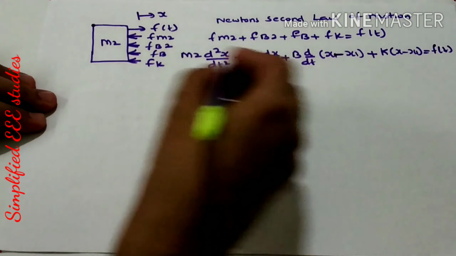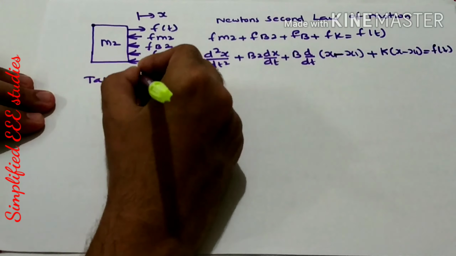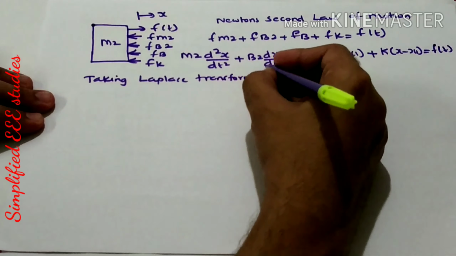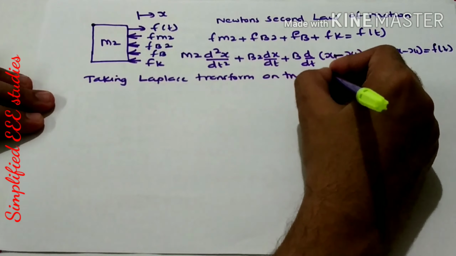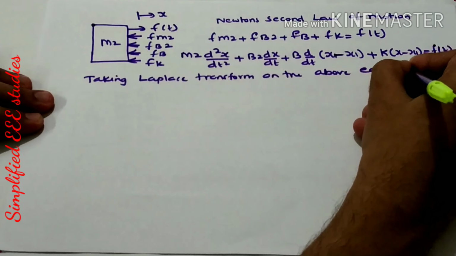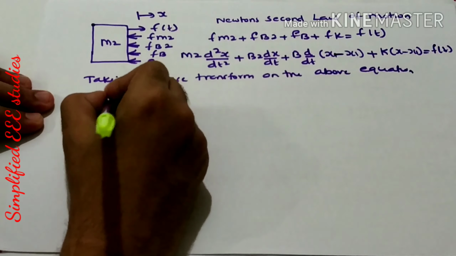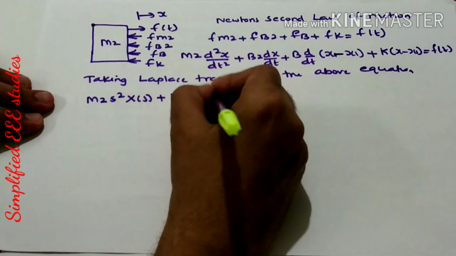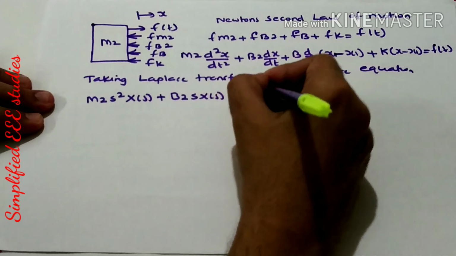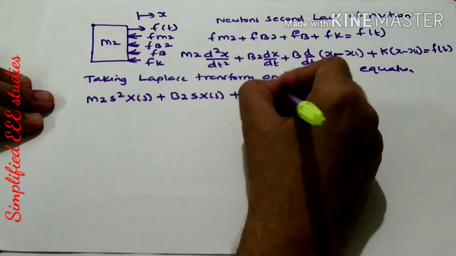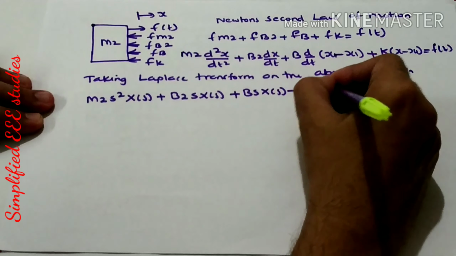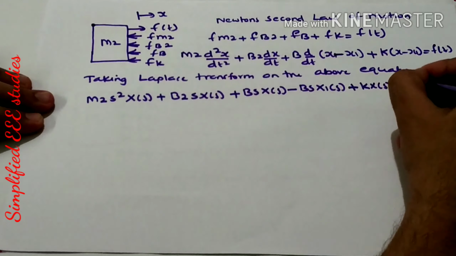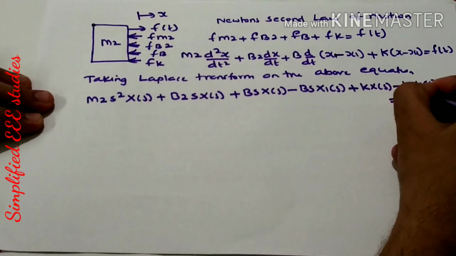Now taking Laplace transform on the above equation, it becomes m2 into s square into x of s plus b2 into s into x of s plus bs into x of s minus bs into x1 of s plus k into x of s minus k into x1 of s, that is equal to f of s.